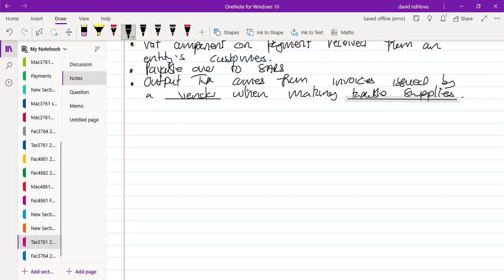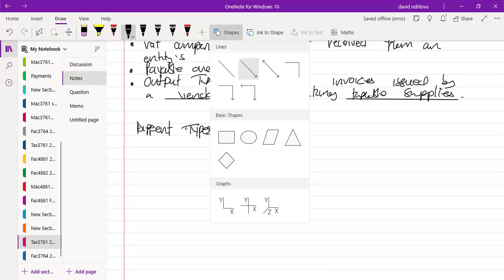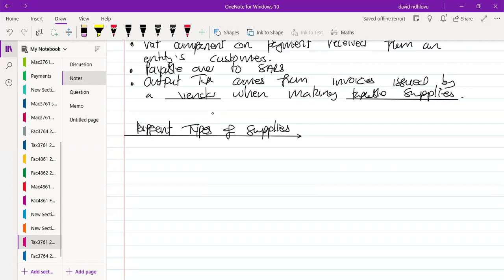Right. Remember, we also went on to explain that there are different types of supplies. In our supplies, we mentioned that there are two different categories.